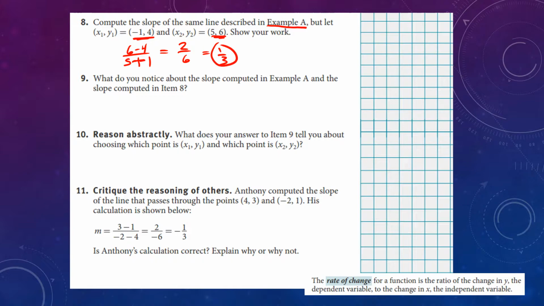So we can start with the other point as long as we start x and y from the same point. So what we notice about example A and the one we just did is they are the same.